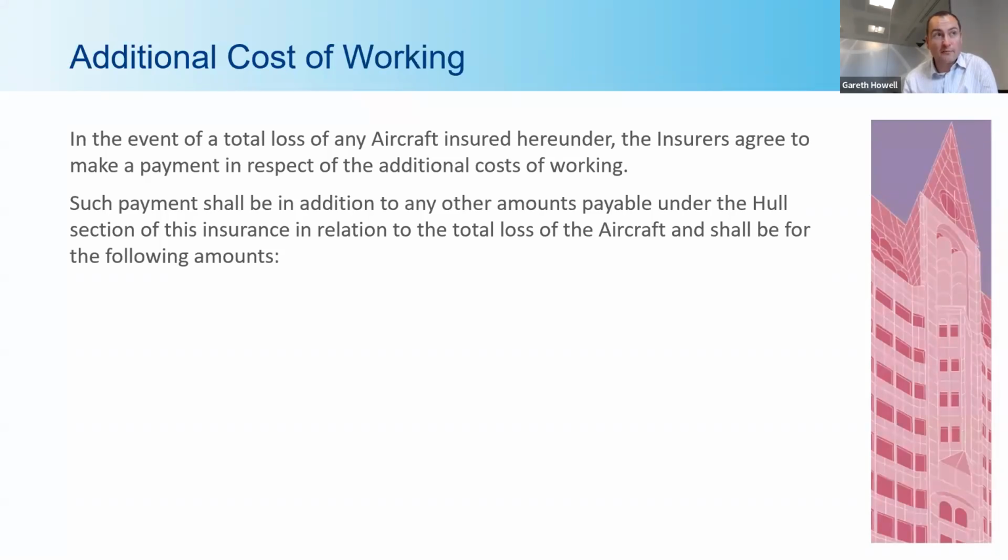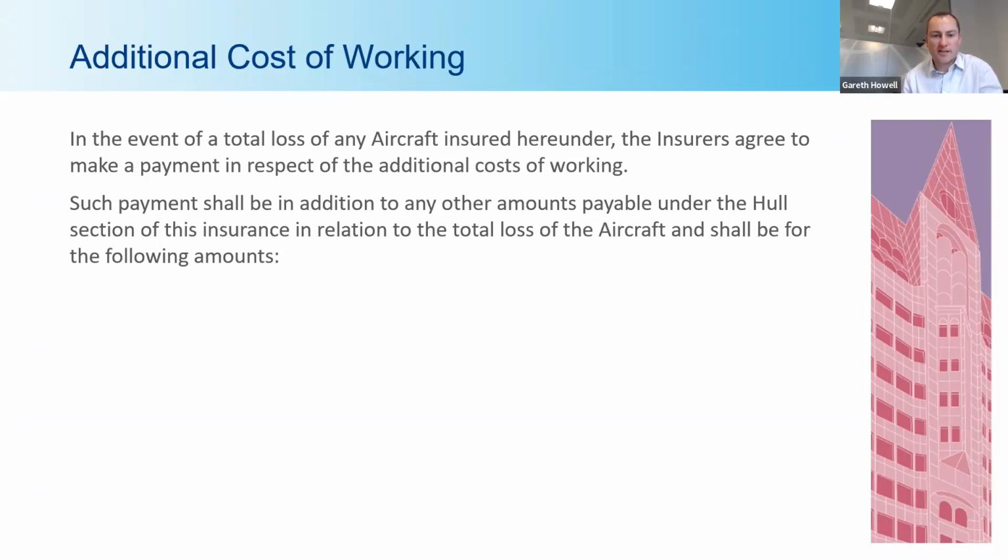Really the background behind this clause is that it recognizes that if you have a total loss of an aircraft, as an airline or an aircraft operator, there are additional operational costs that you're going to start incurring related to that aircraft no longer being in your fleet. Costs that you are required to incur to get the operation back to what it was before the loss of the aircraft. And that could be a multitude of things.